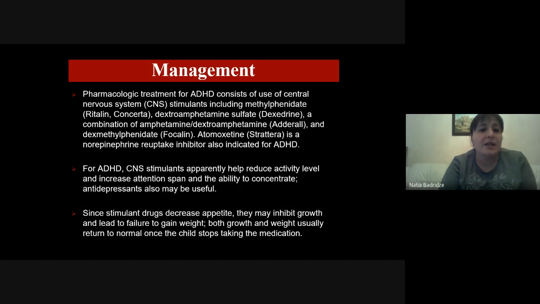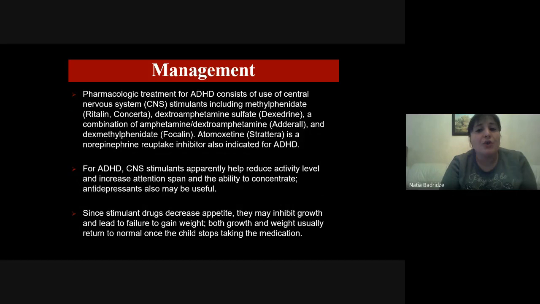Another drug is dextroamphetamine, but since amphetamines are legally prohibited, we are using methylphenidate. Amphetamines, as you know, are also CNS stimulants. They are used to treat ADHD, but nowadays, since they are illegal, we are using methylphenidate.